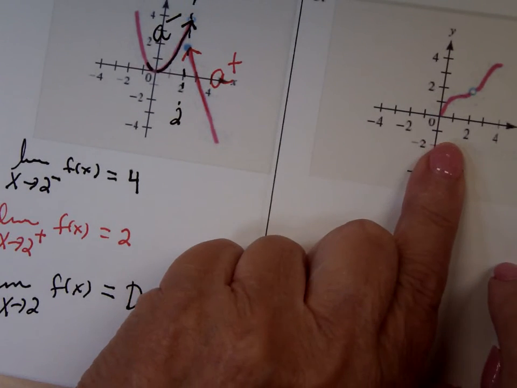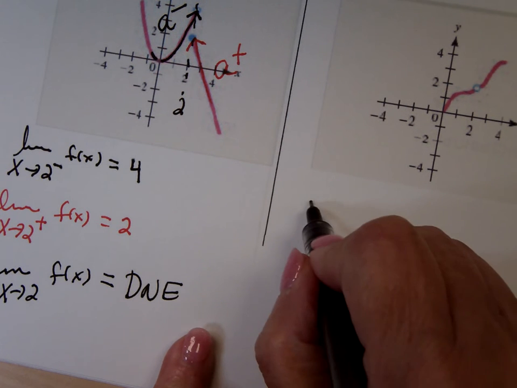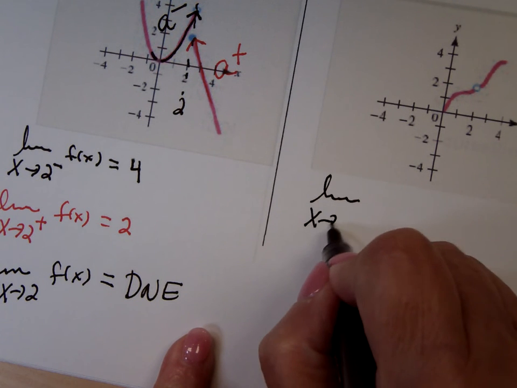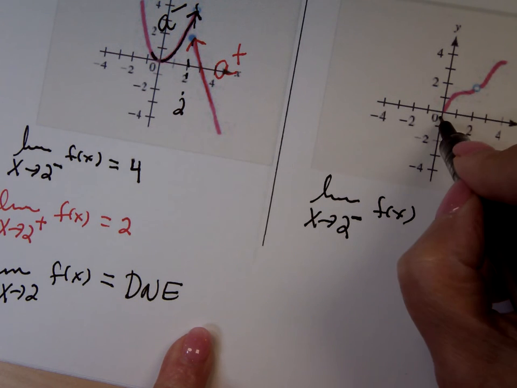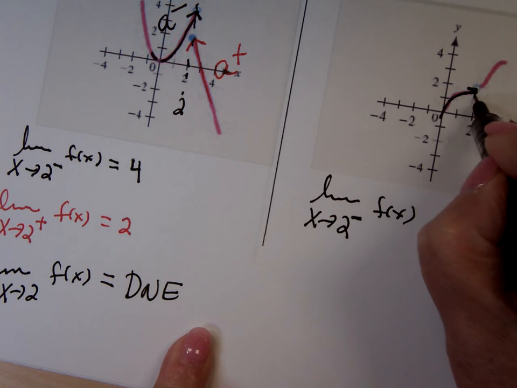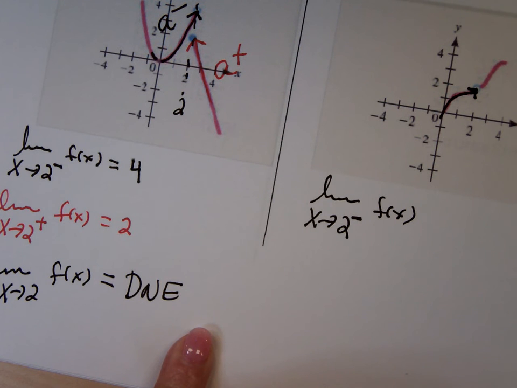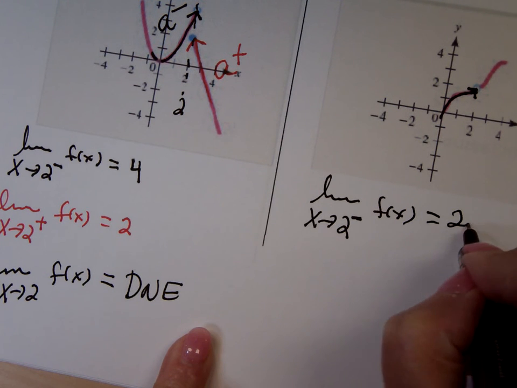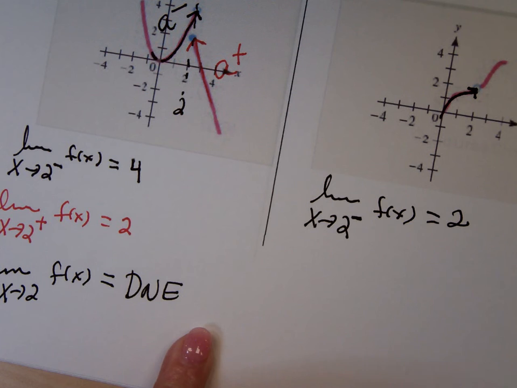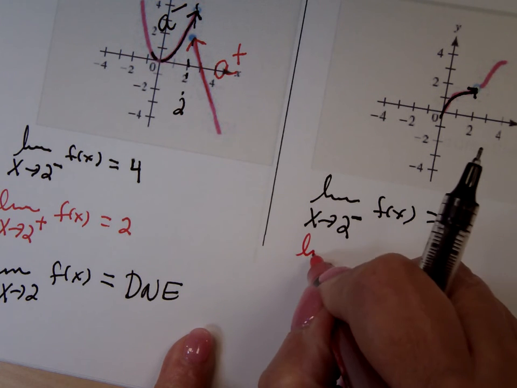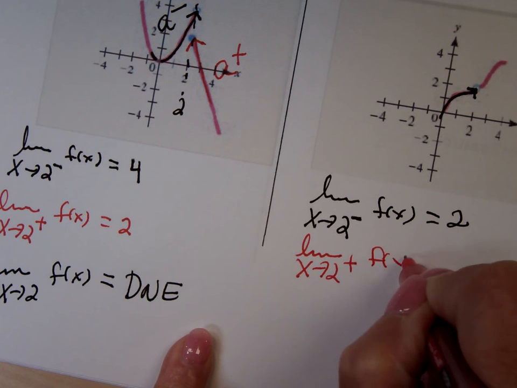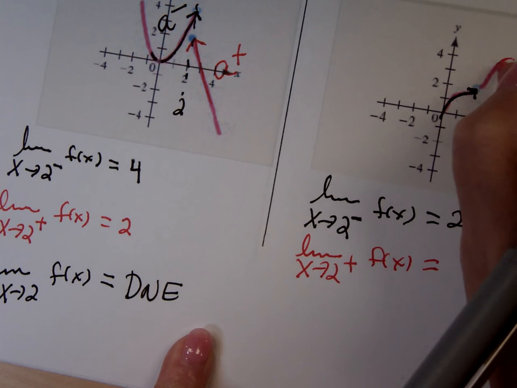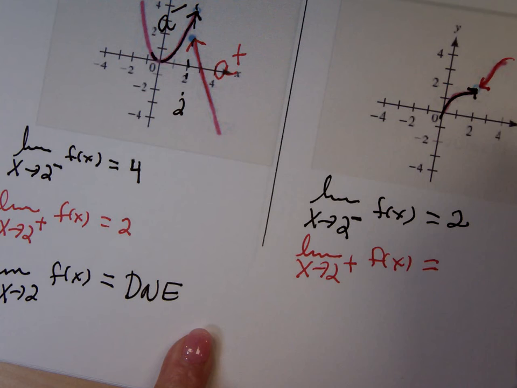Now on this one, doing the same thing, the limit as x approaches 2 from the left. Now I'm coming in from the left, where do I end up? At 2. And the limit as x approaches 2 from the right, where do I end up? 2.